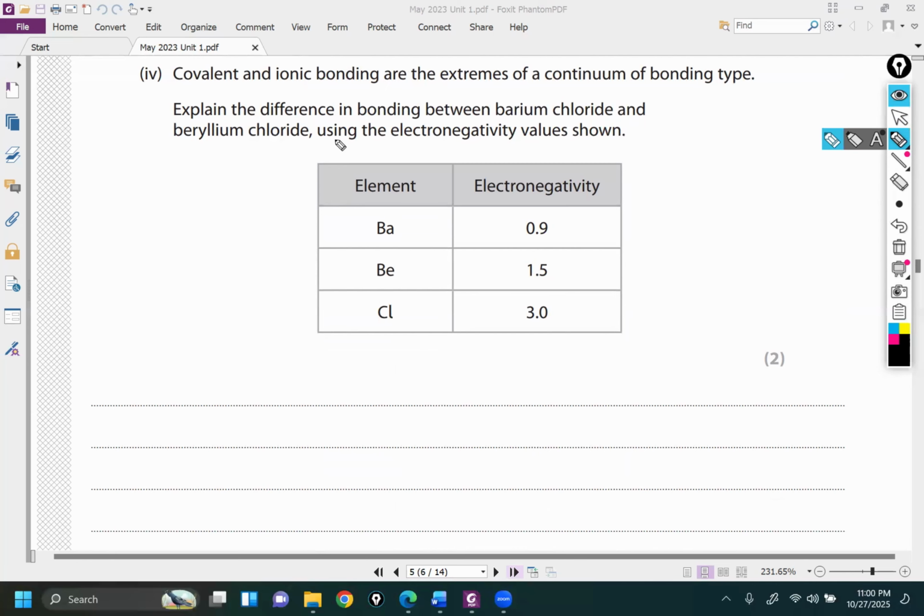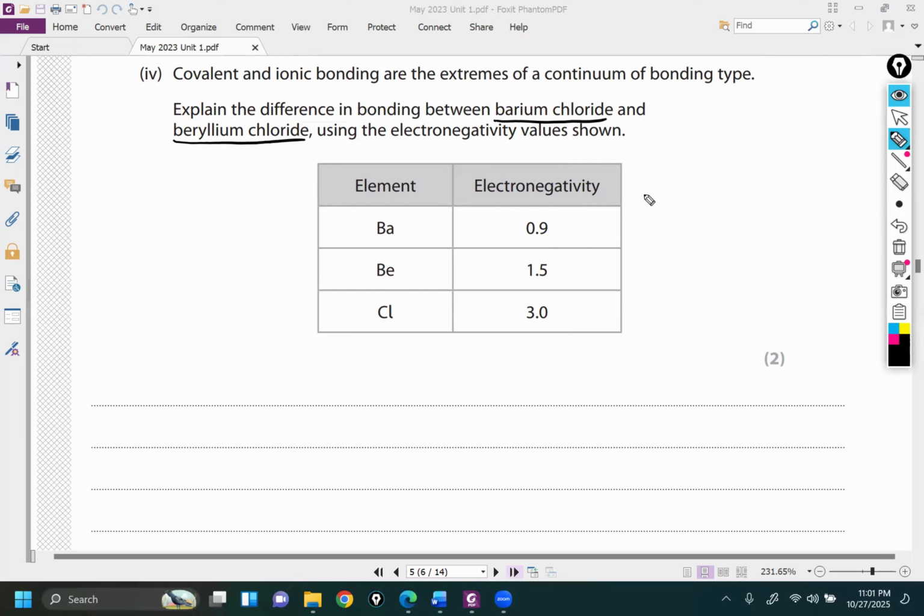Explain the difference in bonding between barium chloride and beryllium chloride using the electronegativity values shown. Although they did not give this point in the Edexcel Pearson student book or specification, the electronegativity difference, it's a rough idea.